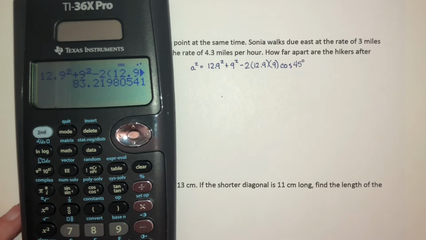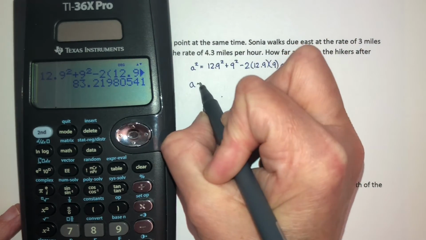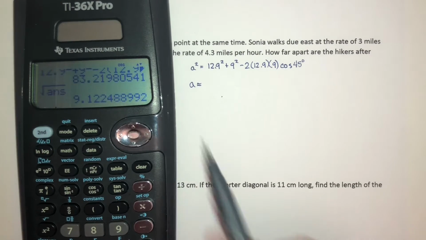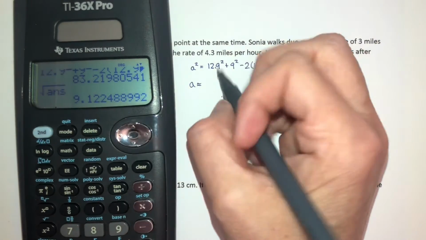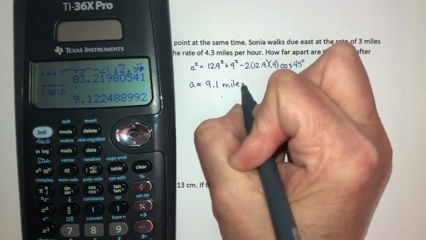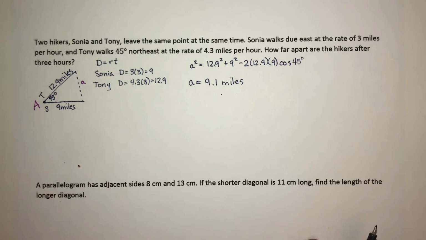And we get approximately 83.21 for A squared. And that means our A value is approximately, take the square root of this value, approximately 9.1 miles. So after 3 hours, our hikers are approximately 9.1 miles apart.